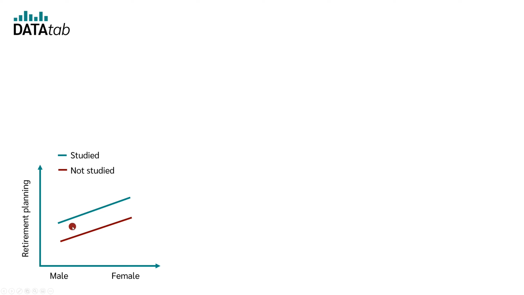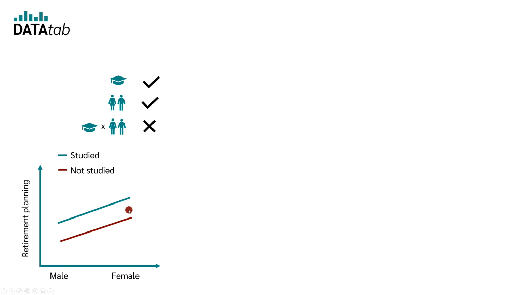The endpoints of the lines are respectively the mean values of the groups. So this point is the mean of male and not studied. This point is the mean of male and studied, and the same on the other side for female. Therefore, here you can see that the male and studied group has a higher mean than the male and not studied group.